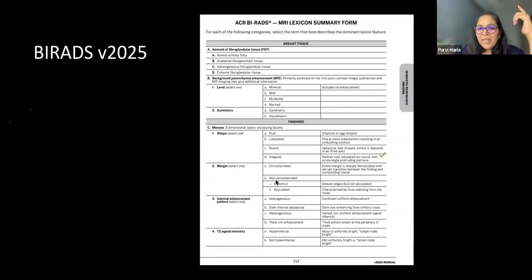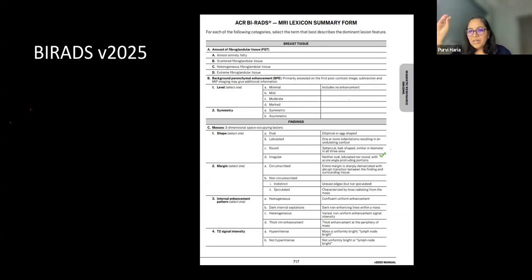So this is BPE. That again needs to be described as symmetrical or asymmetrical. Symmetrical BPE is more of a picture frame kind of appearance, where laterally, inferiorly, and posteriorly it is more enhancing, and everything else is asymmetrical.